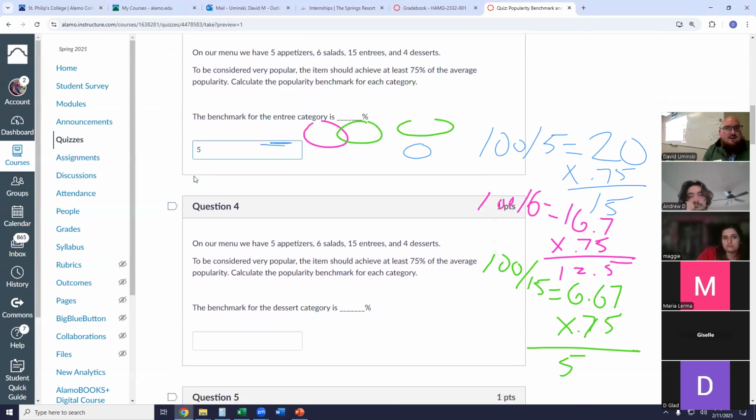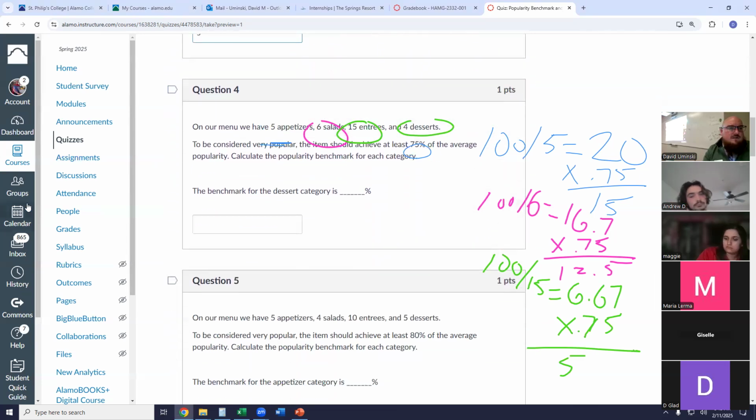And then Oscar, you're going to do our desserts for us. Desserts is 100 divided by 4, which is how much? 25. And then we're going to multiply by 0.75. And we get 18.75.